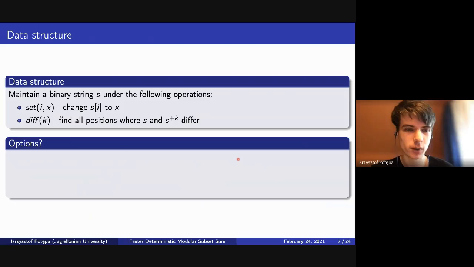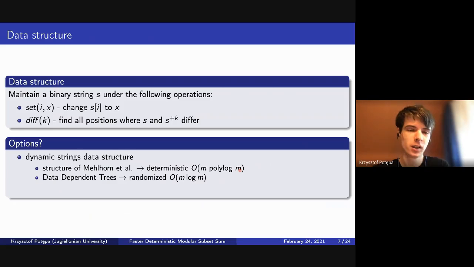What options do we have here? The first option is just to use some powerful dynamic strings data structure, I mean a structure where we can freely concatenate, split, and make equality checks between strings. Such data structures exist. If we want deterministic time, then we can use some structures of Kempa and Kociumaka and get polylog time, and that's one of the recent results.